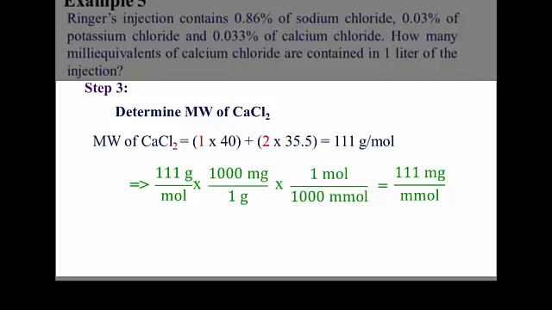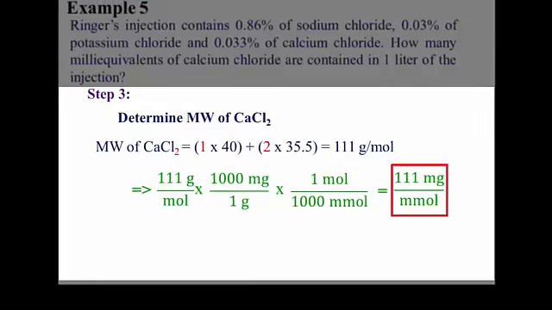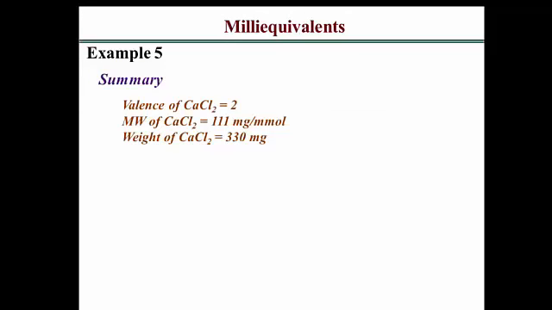So we convert to milligrams per millimole, and it's still going to be 111 milligrams per millimole. So let's summarize the key things that we found out for this example. We've determined the valence of calcium chloride, which is 2, the molecular weight of calcium chloride, which is 111 milligrams per millimole, and the weight of calcium chloride, which is 330 milligrams.